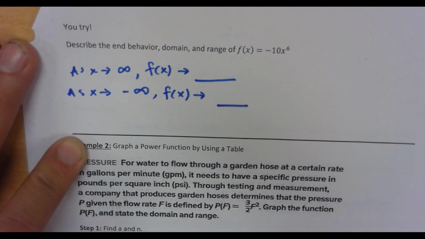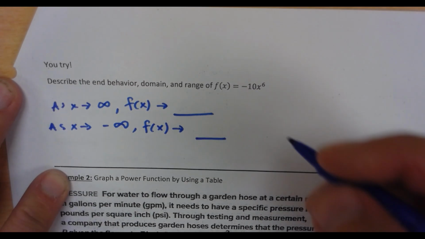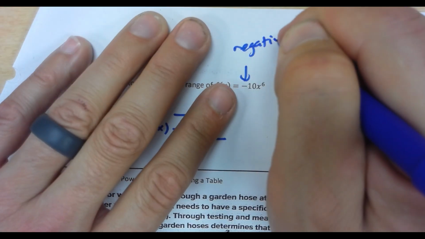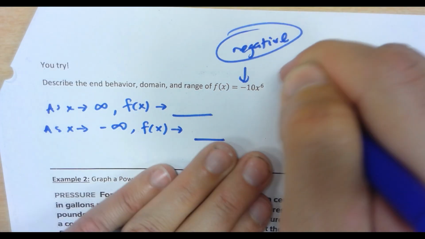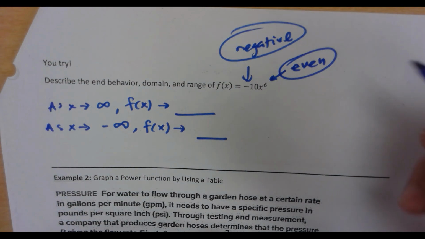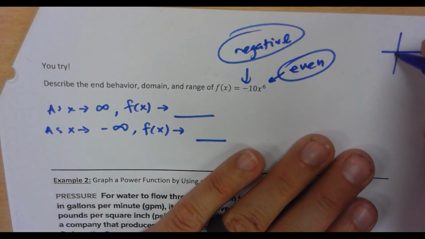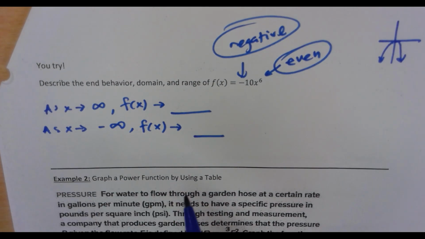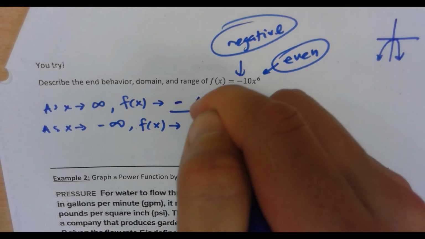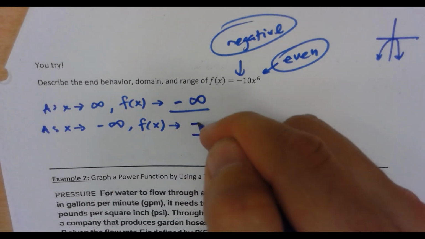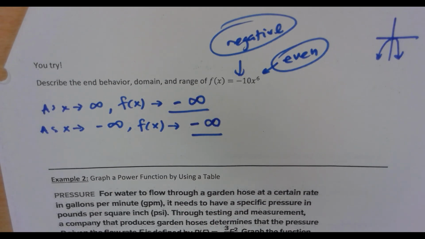Right. So let's see if we can figure this out. Well, it's negative, right? And it's even. Even negative. If I remember from the other page, even negative looks like this. Down and down. Okay, so as x approaches infinity, f of x approaches negative infinity, and as x approaches negative infinity, so does f of x.